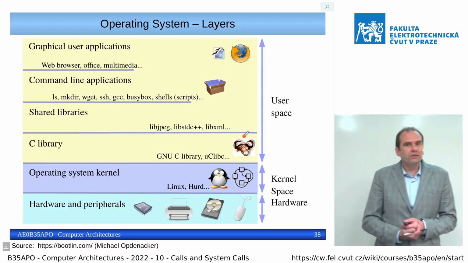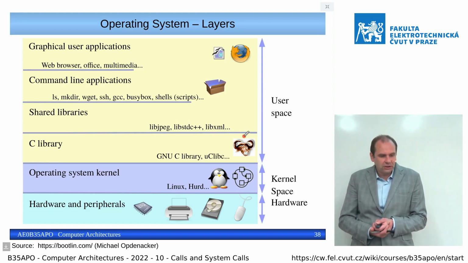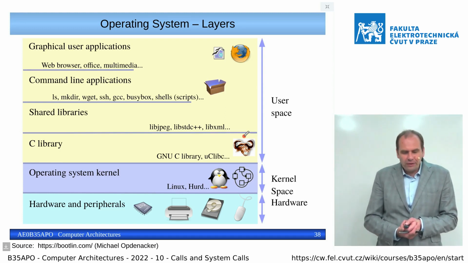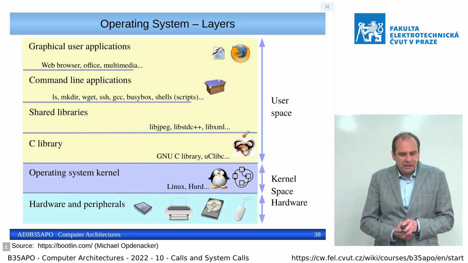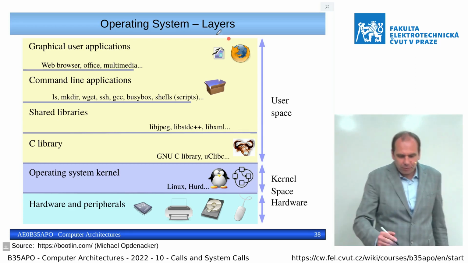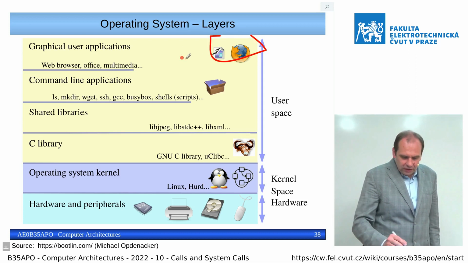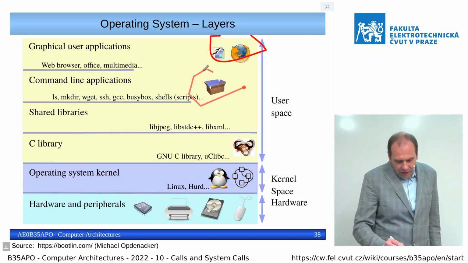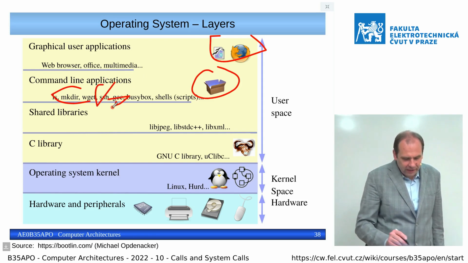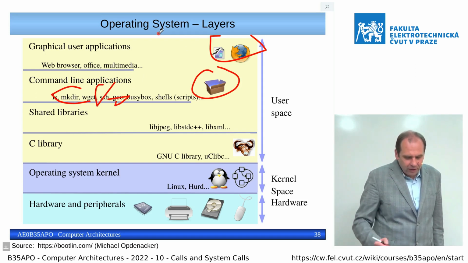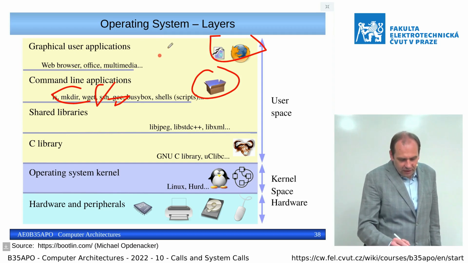Okay, so that was calling standard functions, and now, if you want to call the operating system, how does an operating system work? You have your user space application. It calls some lower level applications like the shell, SSH, compilers and so on. So if you have, for example, a graphical development environment, then you call GCC and so on.